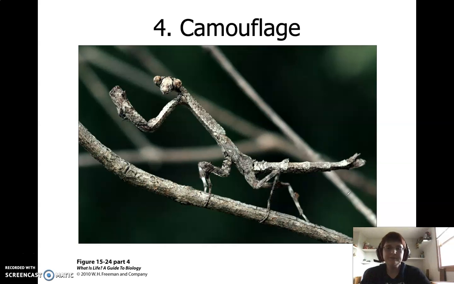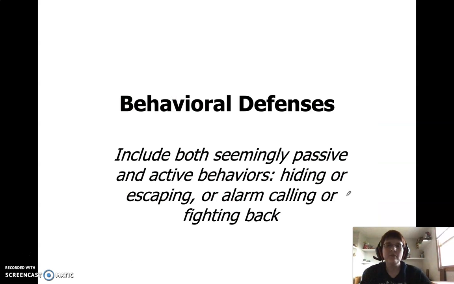As you can see here, you can make yourself look like a stick, or you can camouflage yourself as another organism, maybe something that looks bigger and scarier than what you actually are. Remember things like this. Praying mantises are kind of both. They're hiding from their predators, birds, and they're also, in this instance, hiding from their prey, so that they get kind of a bonus in both directions.